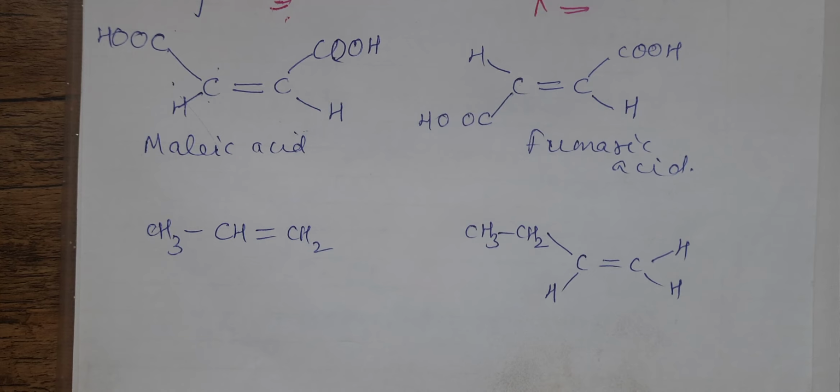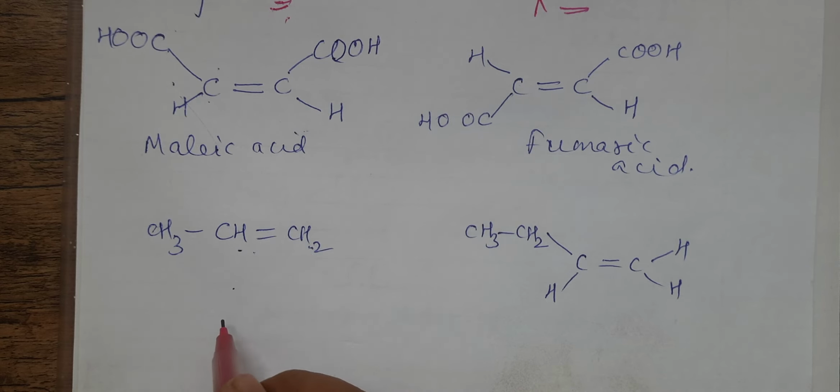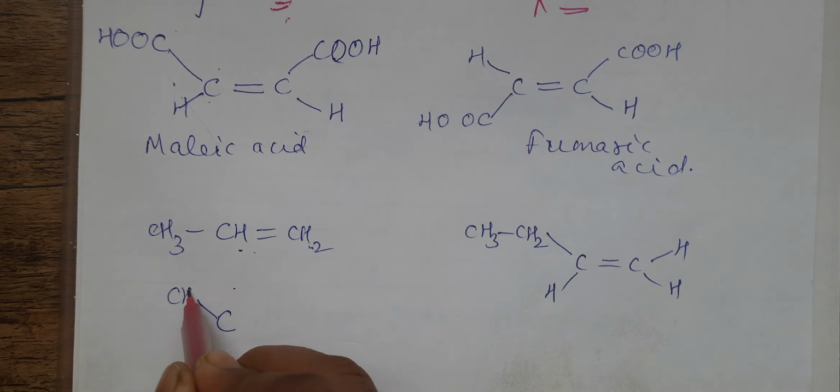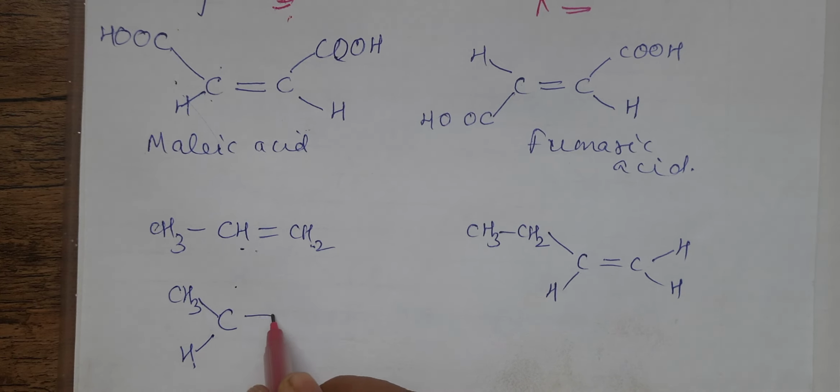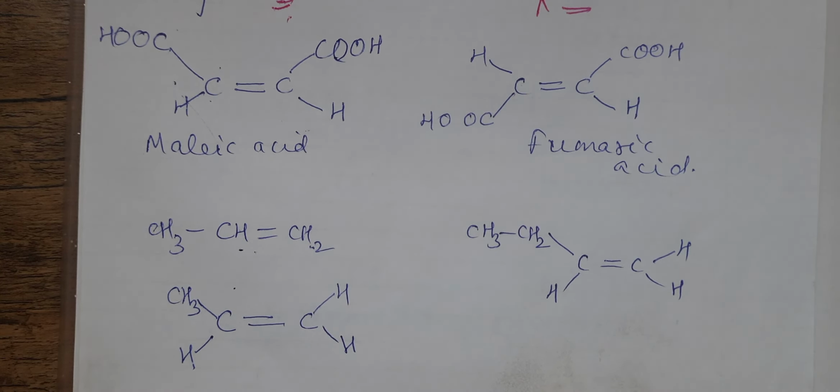Sometimes you may have a question where a compound is given and you're asked whether it is going to exhibit cis or trans isomerism or not. So what are you going to do? You identify the 2 carbons which are bearing the double bond, and separate the groups present on them. On one you have methyl and hydrogen, there is a double bond, and on the other there is hydrogen and hydrogen.